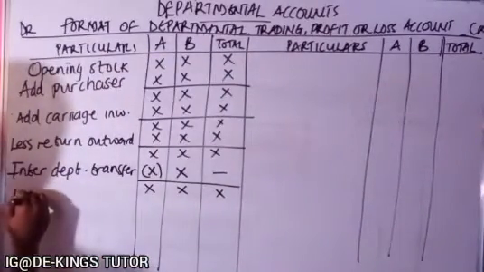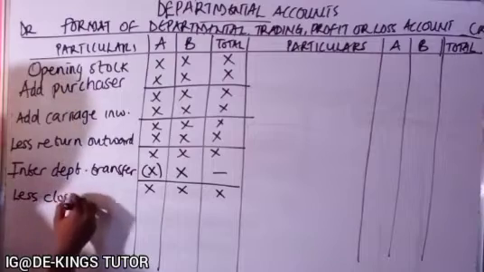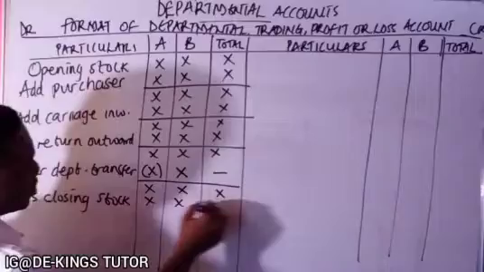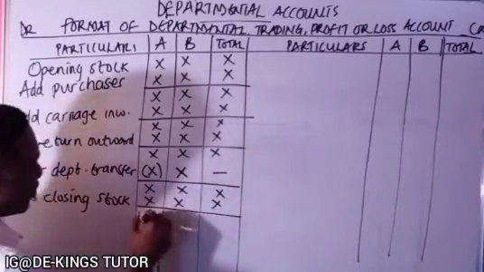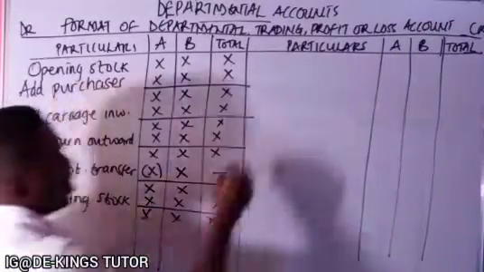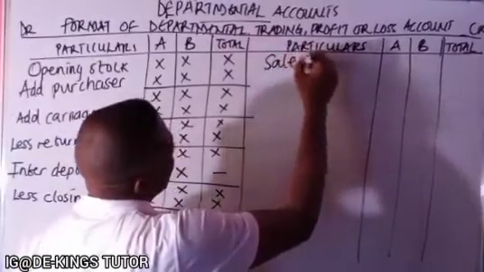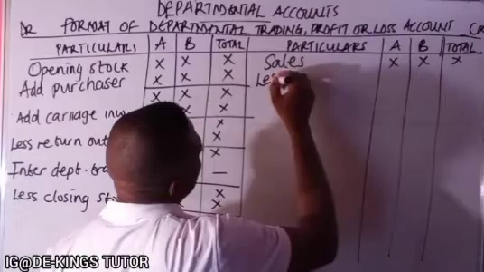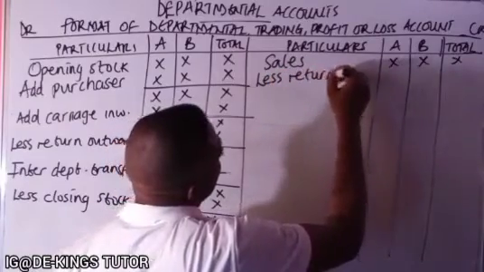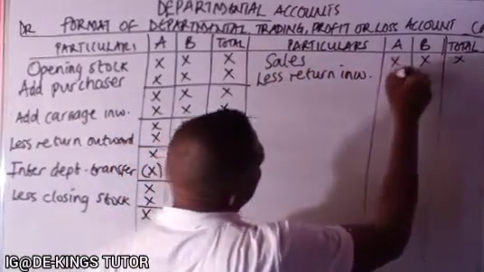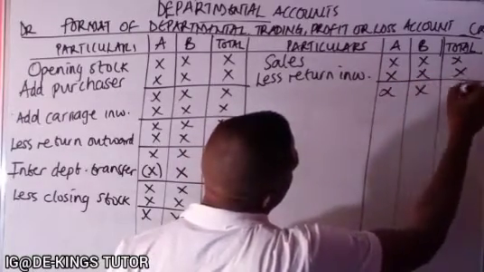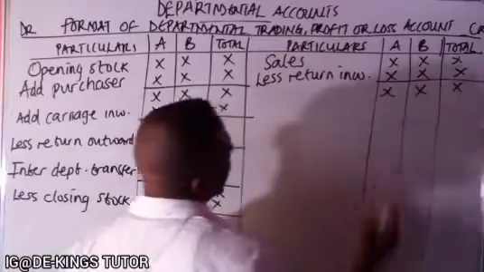So the next one, we can less closing stock. If we less closing stock, we'll have our cost of goods sold. Now this part here, we can have our sales. Now you can less return inwards. If we less return inwards, we'll have a value here, which is our net sales.